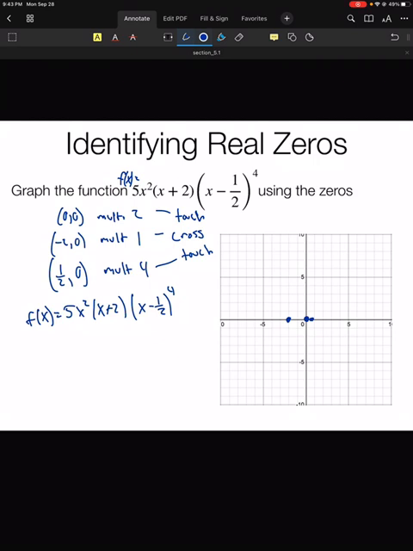We have 5 times negative 3 squared, times negative 3 plus 2, times negative 3 minus 1/2 raised to the 4th power.